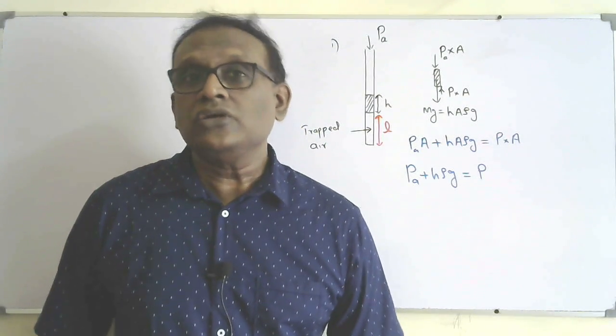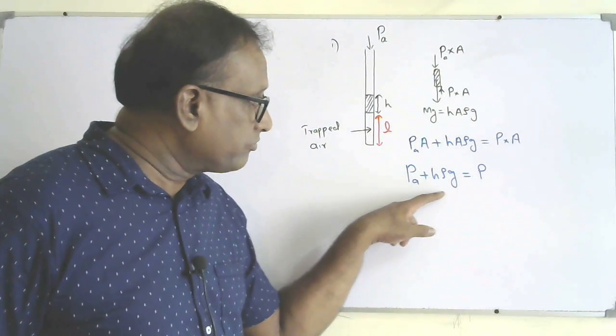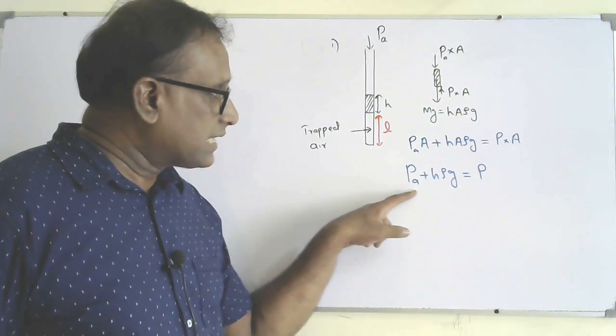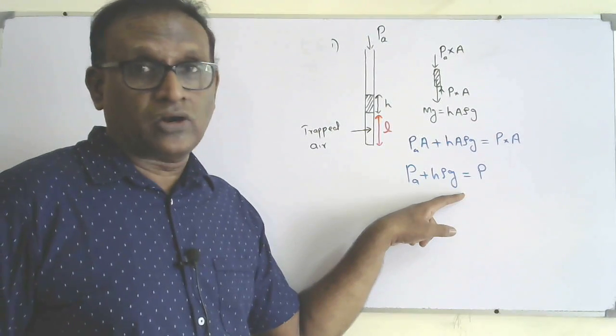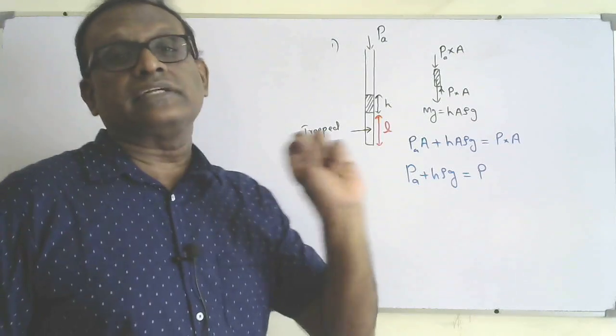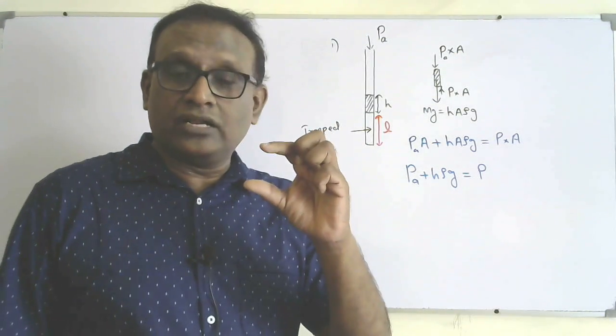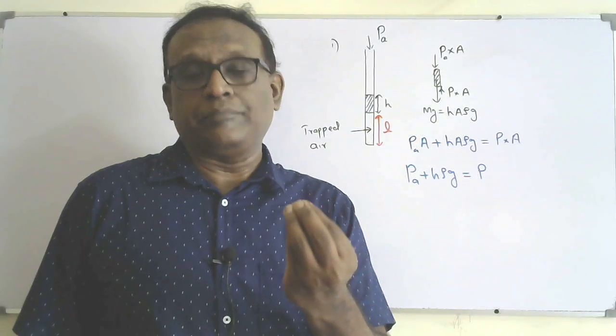Now you can see that this pressure of the trapped air is independent of temperature. The left side quantities do not depend on temperature. The atmospheric pressure does not depend on the temperature of the trapped air. Certainly, H, the height of the liquid column, might change if the temperature increases.